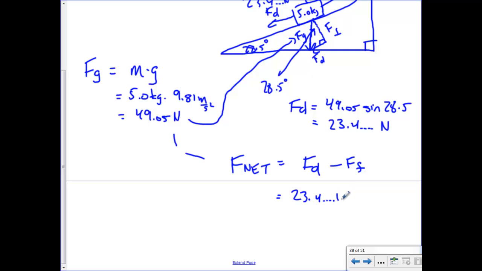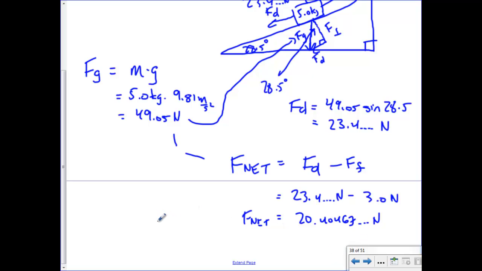Gravity is trying to pull this thing down at 23.4 newtons, friction is 3 newtons, so the net force is 20.4 newtons.